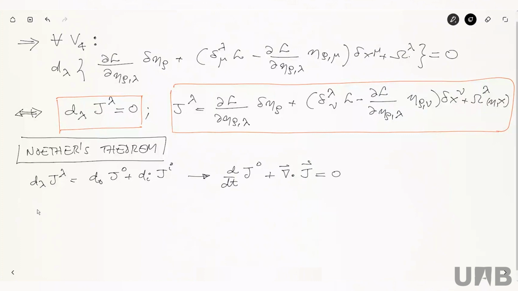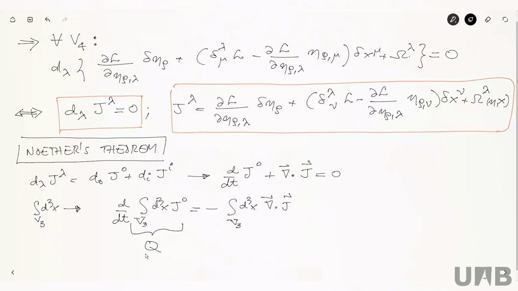Now, let us integrate this whole thing over three-dimensional volume. And then it's going to become the derivative with respect to t of the integral over the three-dimensional volume, d3x of J0. And this is going to be minus, if I pull it to the right-hand side, the integral d3x over the three-dimensional volume of the divergence of J. Okay? Now, the integral d3x of J0, I could call that a generalized charge, whatever it is.